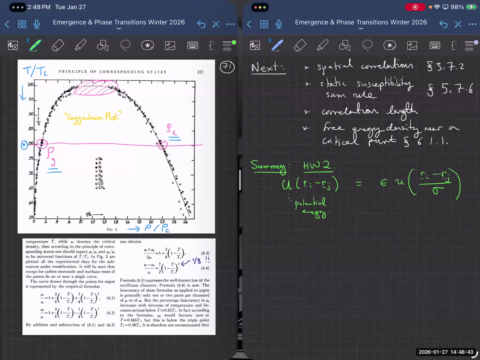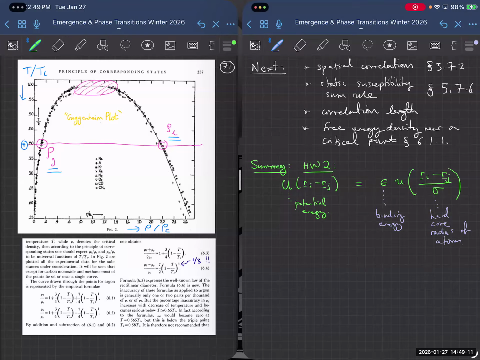This is meant to be the binding energy. This is the hardcore radius of the atoms.